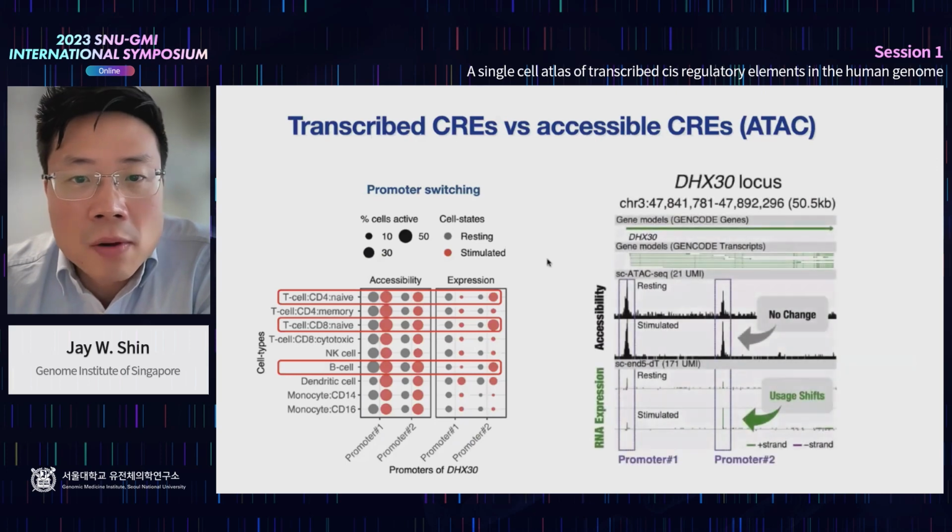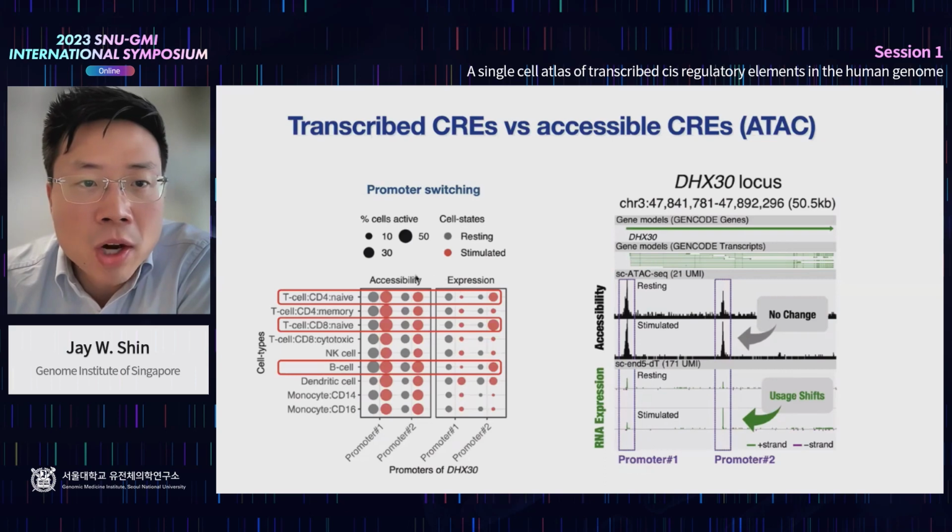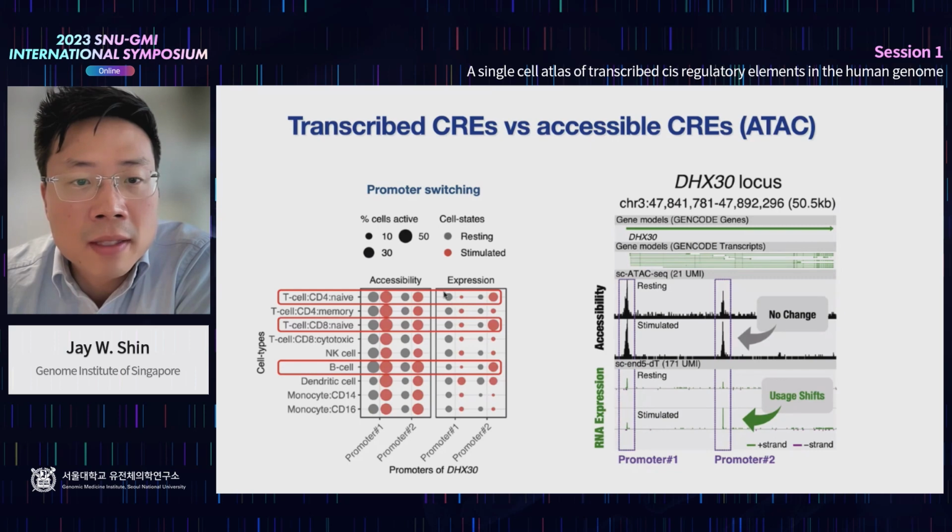What's powerful with the transcribed activity is that they're far more dynamic in their gene expression and their activity compared to ATAC-seq. Here, if you stimulate the cells, these are PBMCs stimulated with PMA, which activates the T cells, you can see that the resting and stimulated states remain relatively the same in ATAC-seq, whereas in the expression level you see significant dynamic changes in their activity.